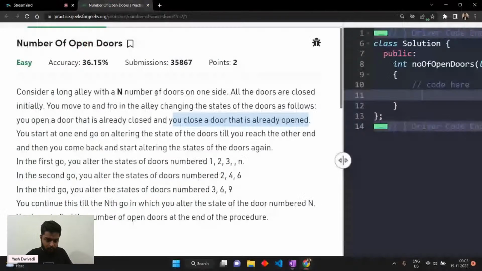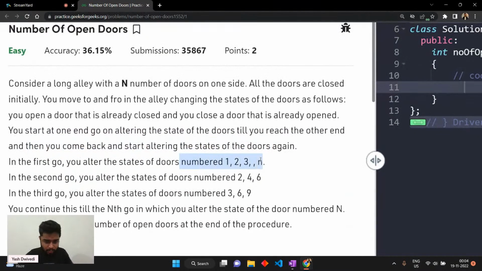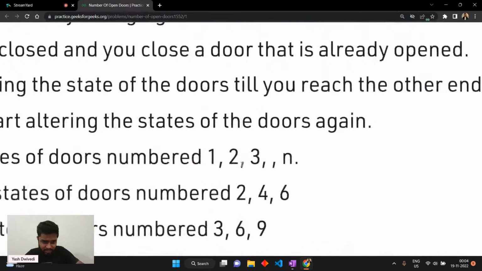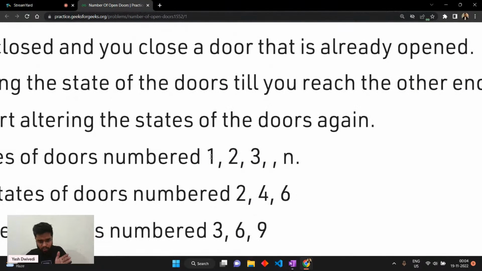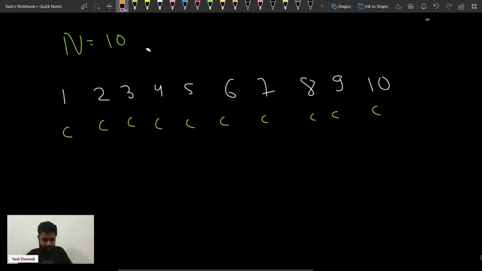Now, what you will do here is you start at one end and go on alternating the door state till you reach the other end, then you come back alternating. So in the first go you change the state of every door, from 1 till n. You will do it 10 times, right?